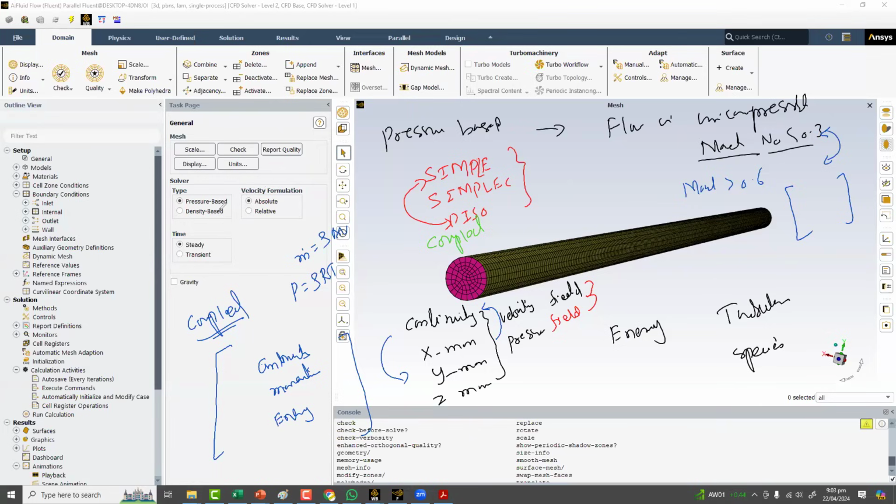So greater than Mach 0.6, we should go for the density-based solver, and below 0.3, go for SIMPLE, SIMPLEC, PISO. And the coupled solver inside the pressure-based solver can solve flows of Mach number less than 0.3, or even Mach number 0.7, 0.8. It doesn't matter actually. Okay, so I think you understand this.